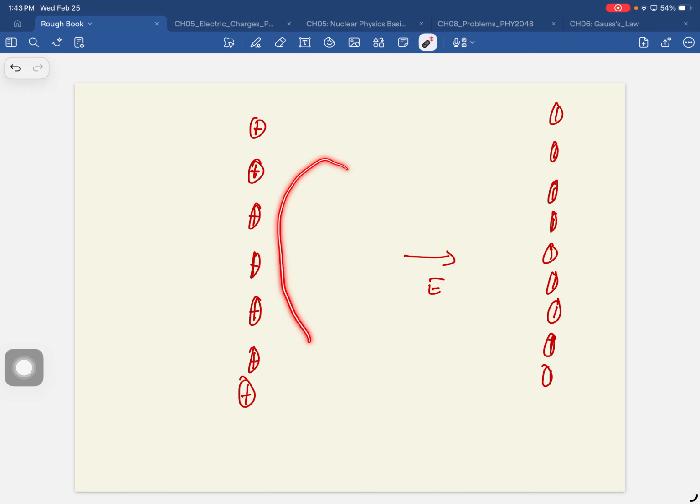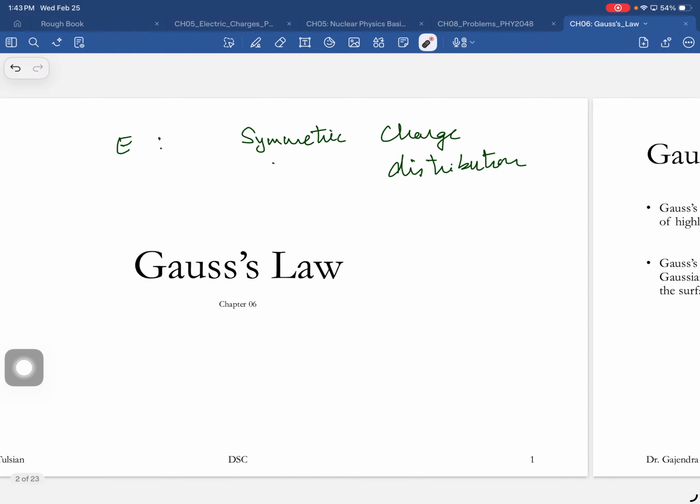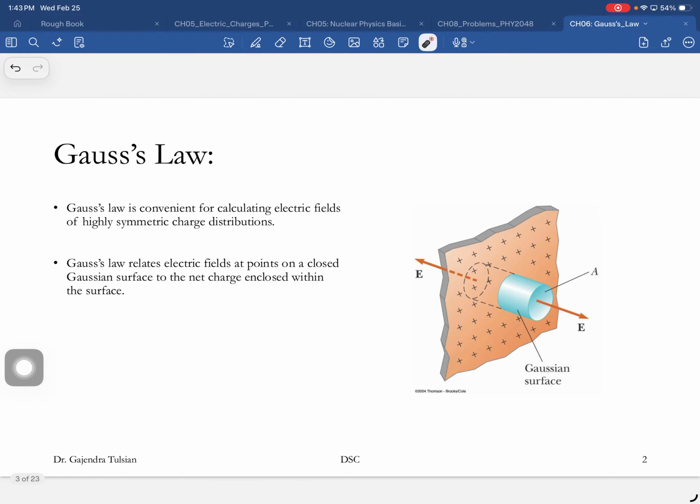So Gauss's law will be useful in many situations. Mr. Gauss gives you a theorem that allows you to calculate the electric field everywhere for symmetric charge distributions. I'll show you the 3 or 4 situations where we'll apply it. Here's an infinite sheet of charge where the charge is evenly sprayed.